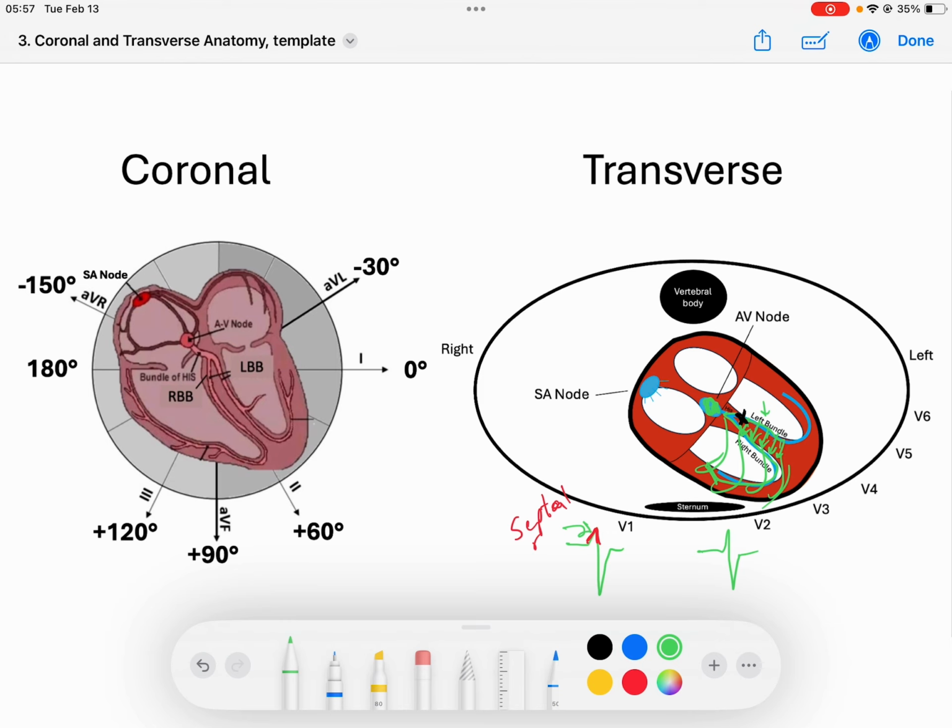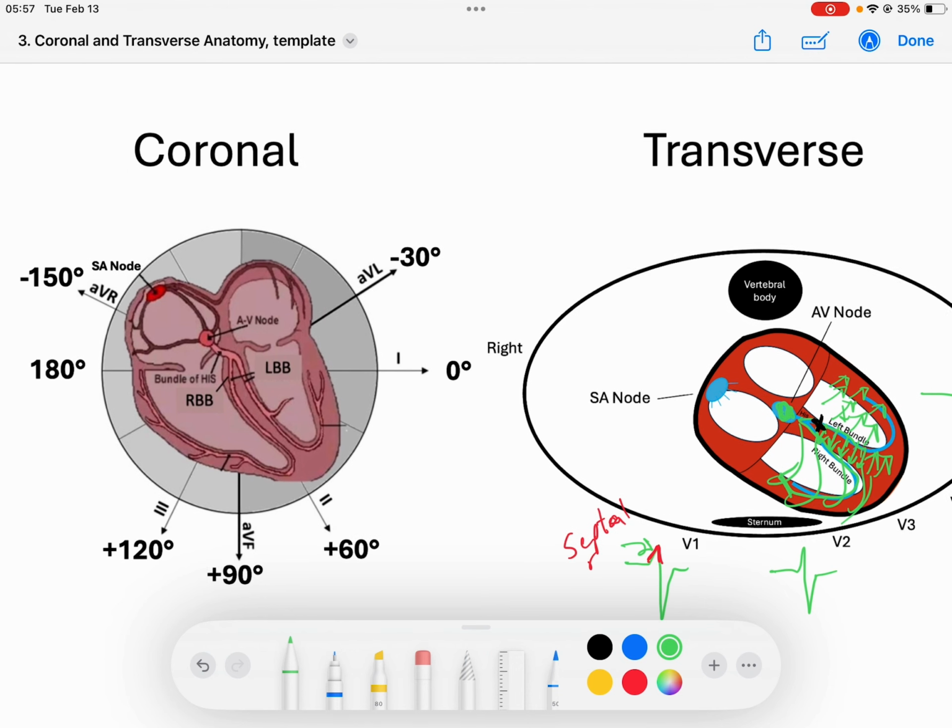But what's going to happen is that the left bundle is unable to conduct rapid signal to the ventricles, and so through cell-to-cell junctions, we're going to get late forces heading into the left ventricle slowly, slowly, slowly, and so the lateral leads are going to pick that up. V5 and V6 are going to pick that up and kind of look the way they do.